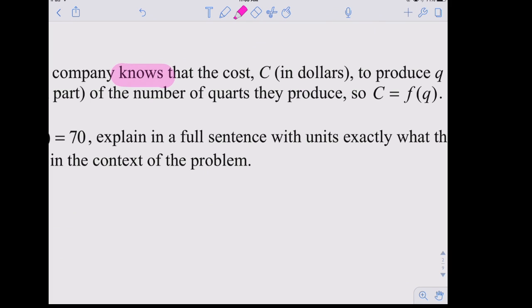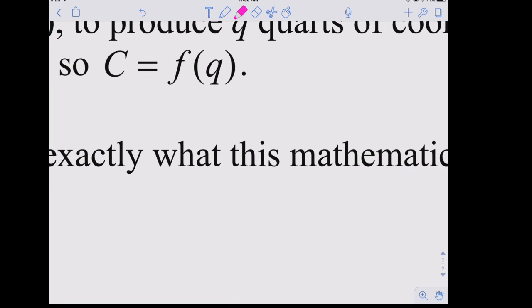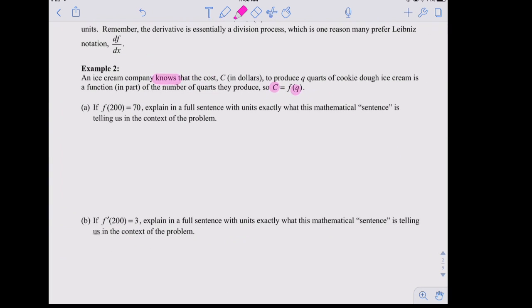Now, there might be economies of scale, the more they produce, the less it is. But there might be a point of diminishing marginal returns where it might cost them more beyond a certain point. That's all economic forecasting. But from the basic standpoint of what we're doing, the more quarts they produce, the more it costs them. So C, the total cost, is a function of Q, quarts.